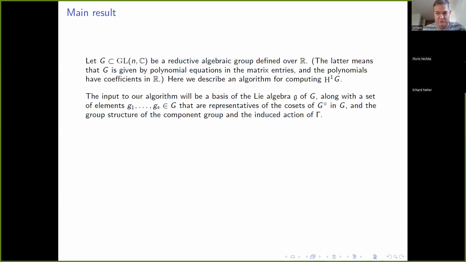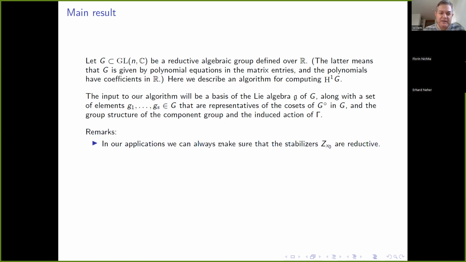I also need to know the group structure of the component group along with the induced conjugation action on it. The non-connected case is much more difficult than the connected case, but I will come to that.